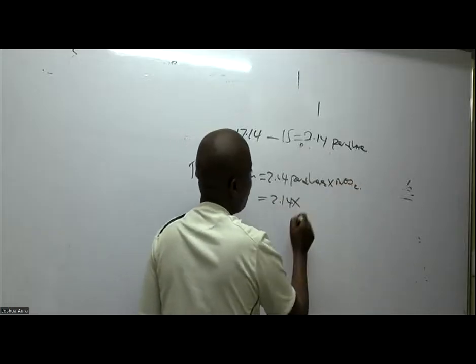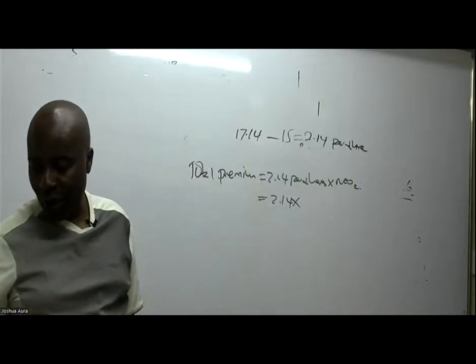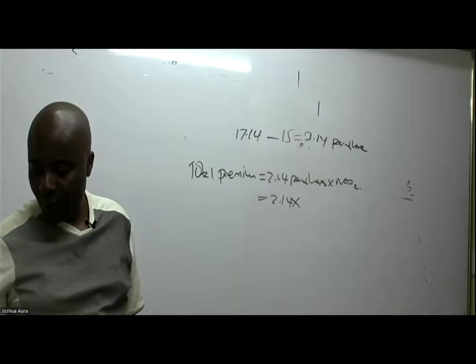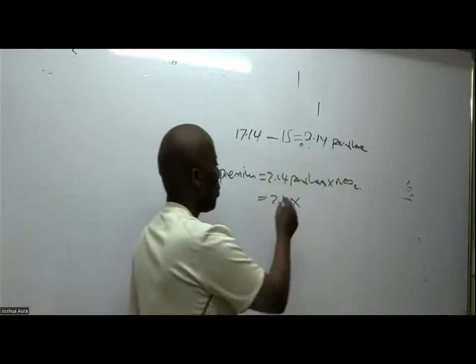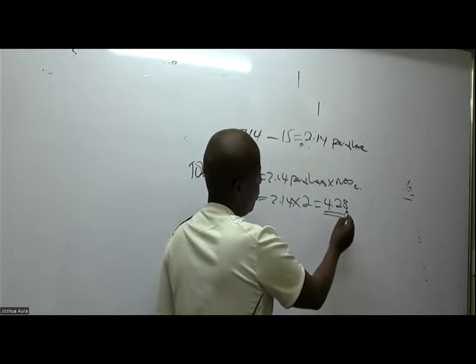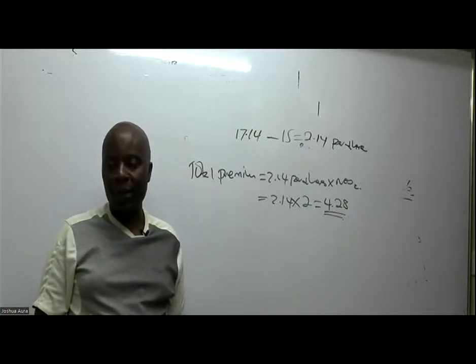So it will be 2.14 times the number of ordinary shares of company 2, which I can see there are 2. 2.14 times 2 ends up giving us 4.28. So are we together really here?